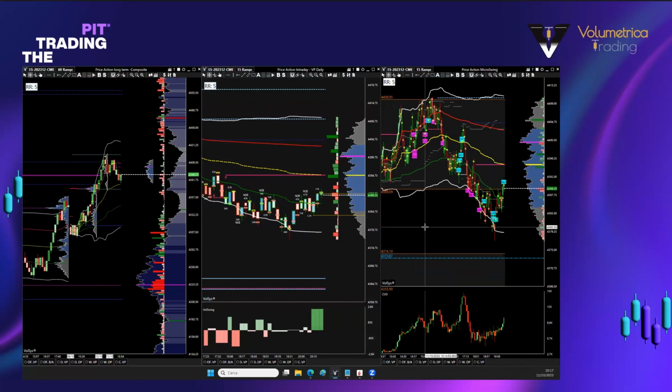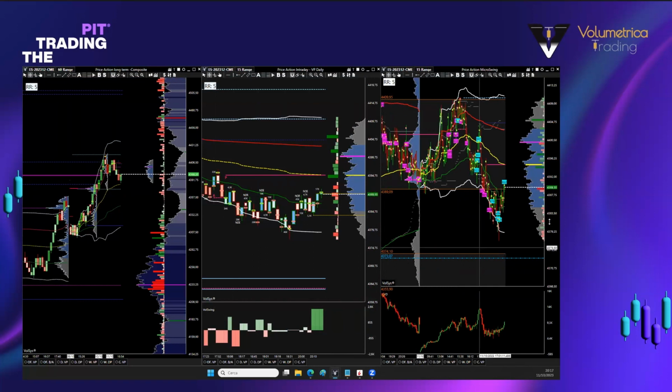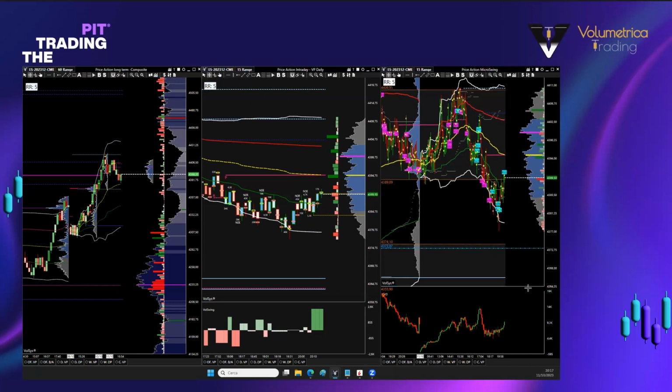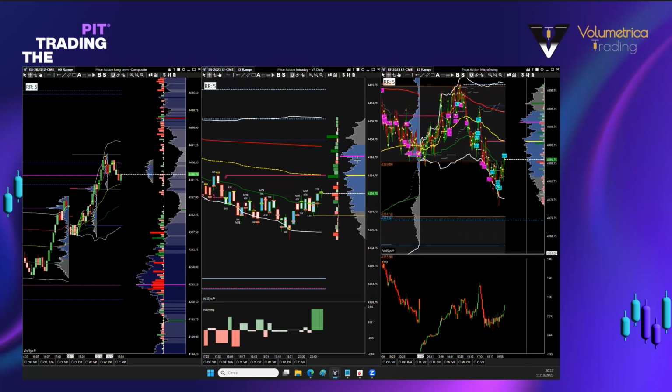How does this tool work? This is very interesting if you want to use it for detecting how strong a pressure to the upside or to the downside is, especially during trending days. Because the way it works is very straightforward.